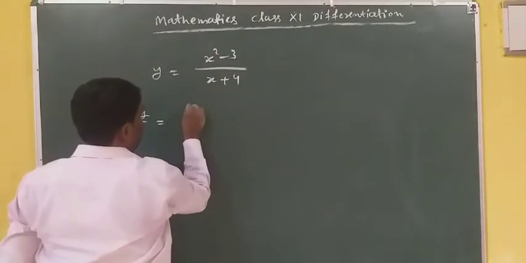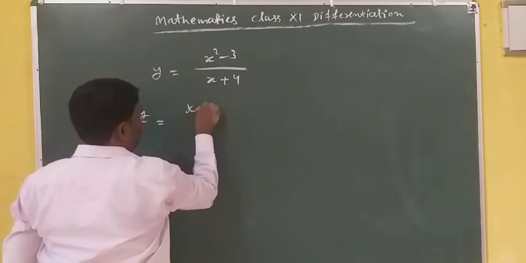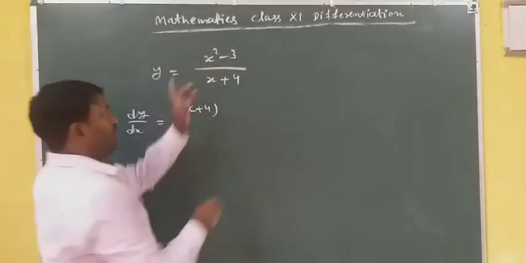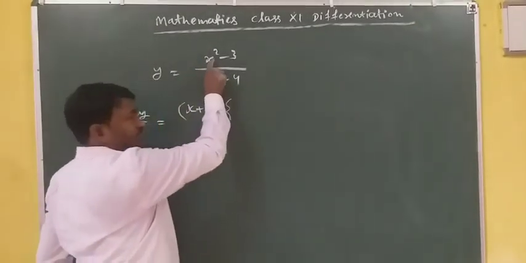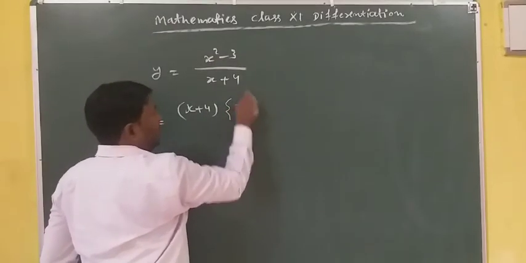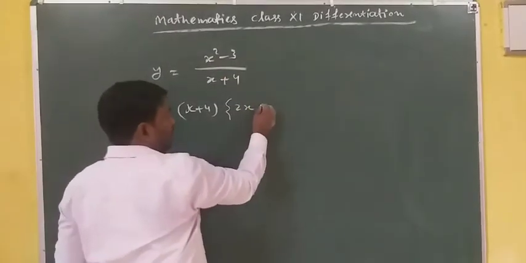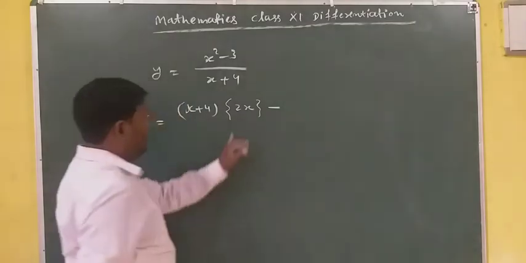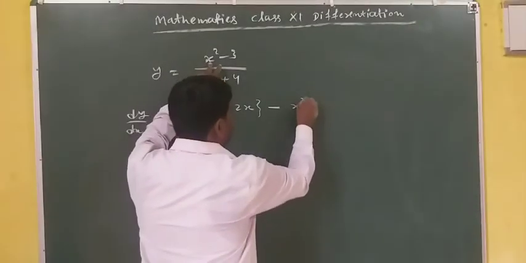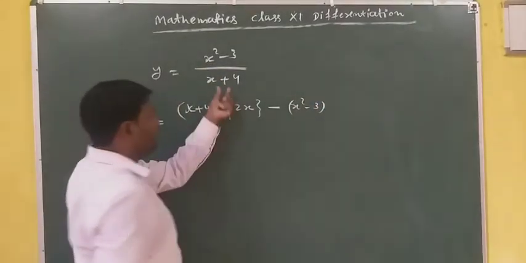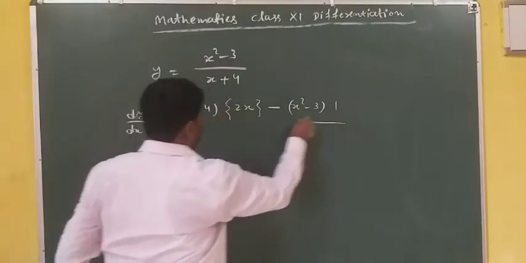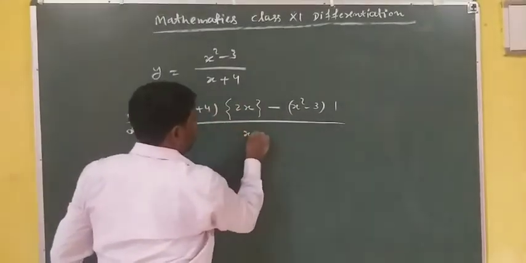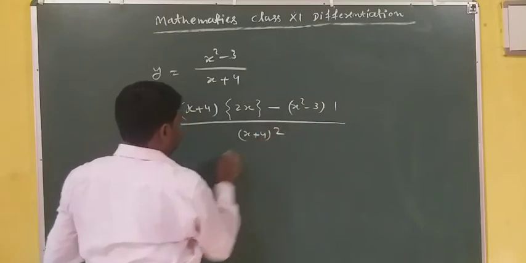So the denominator x plus 4, into the differentiation of the numerator, that is the differentiation of x square is 2x, and the differentiation of this 3 is 0, so 2x, minus the numerator into the differentiation of the denominator, that is 1, divided by the denominator whole square.